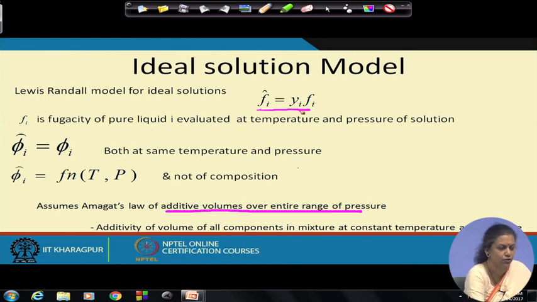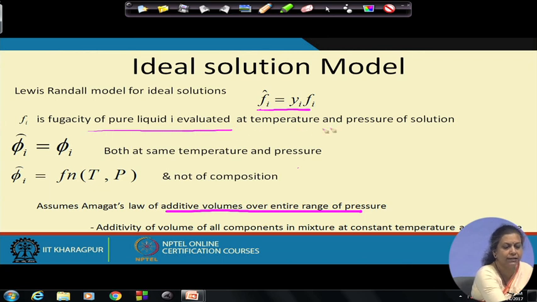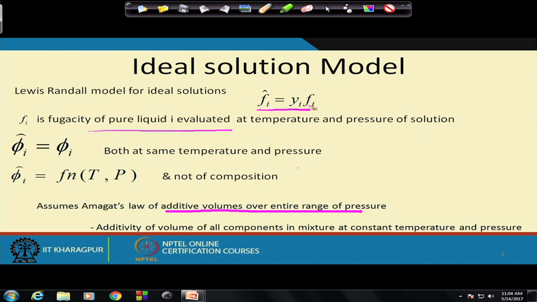This is the ideal solution model, where Fi equals, just remember, the fugacity of pure liquid i evaluated at the temperature and pressure of the solution. The only thing we need to know is that this Fi cap and Fi are evaluated at the same conditions of temperature and pressure.